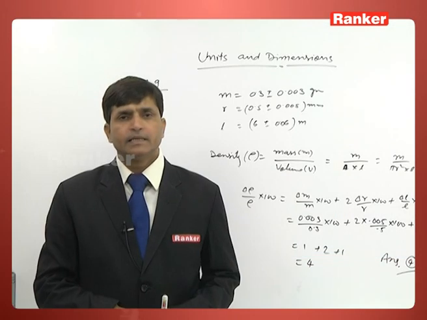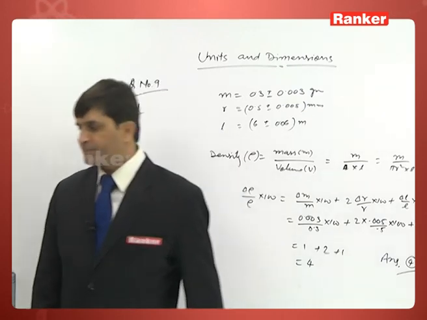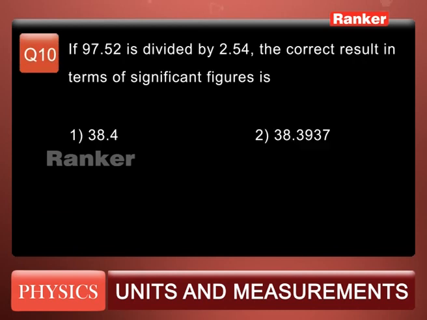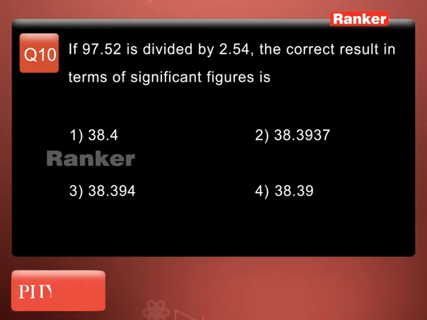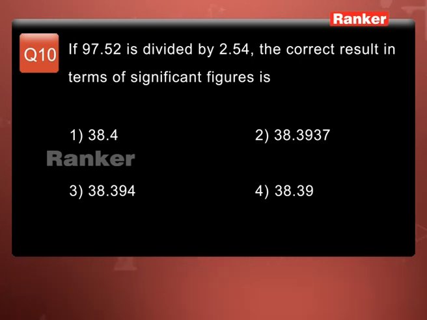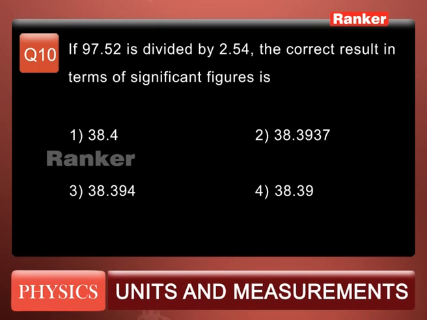Now come to the next question, question number 10. The question is: if 97.52 is divided by 2.54, the correct result in terms of significant figures is: first option 38.4, second option 38.3937, third option 38.394, and the fourth option 38.39.